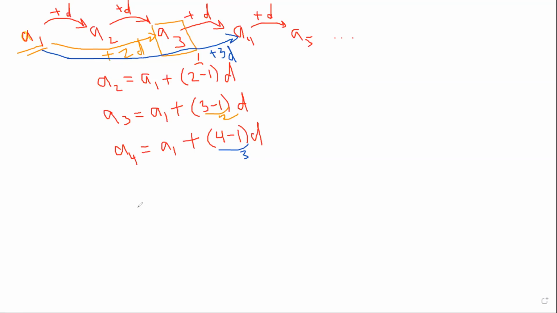So the observation here is that when you need to get your following term, the number of D's you add is 1 less. So if that's 4, it's 4 minus 1. If it's 3, it's 3 minus 1. So if it's n, it's n minus 1. And that's really all it is.